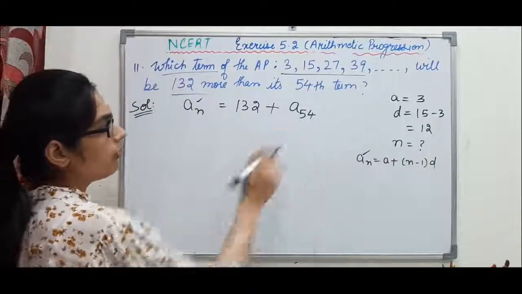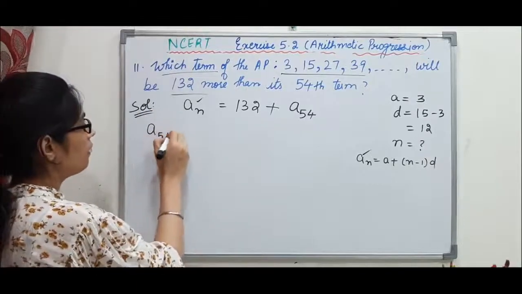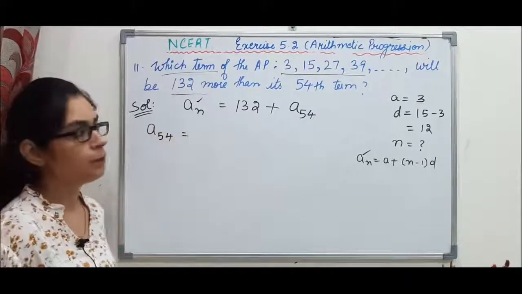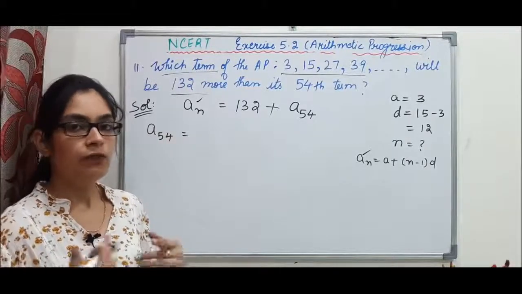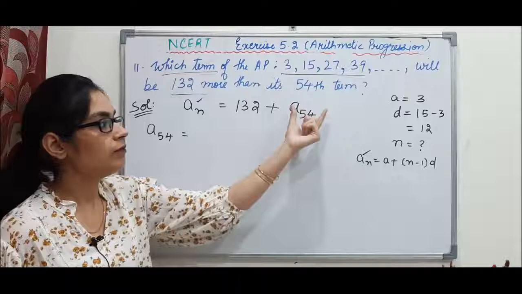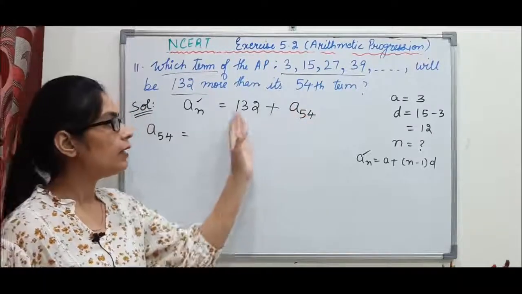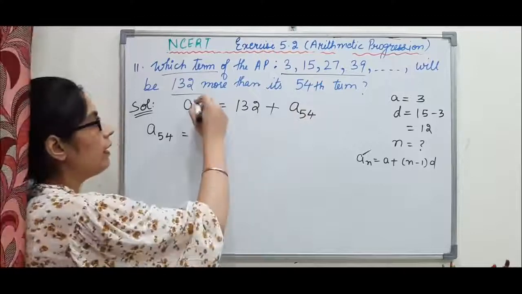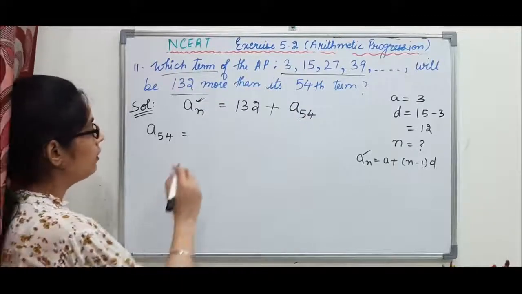For that we need A54. Why do we have to find A54? They are saying which term is 132 more than the 54th term. If we find the 54th term and add 132 to that, we will get the value of an. So let's find that.